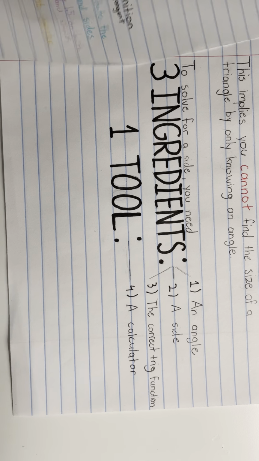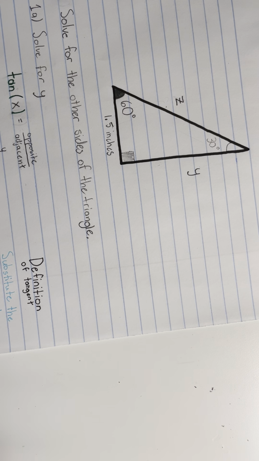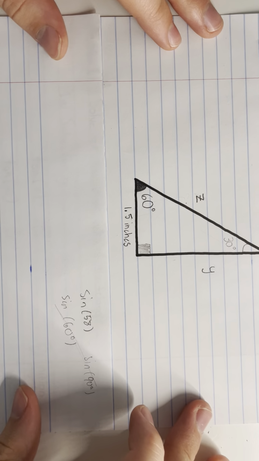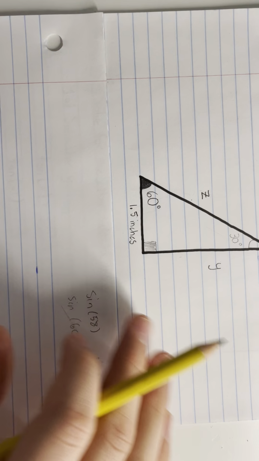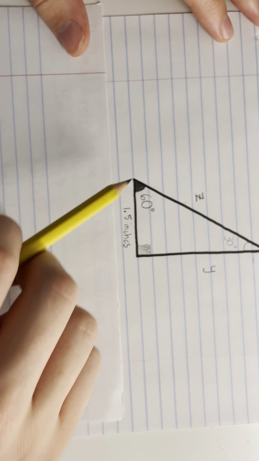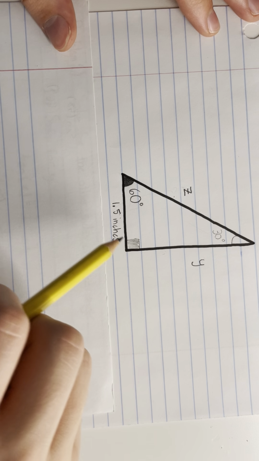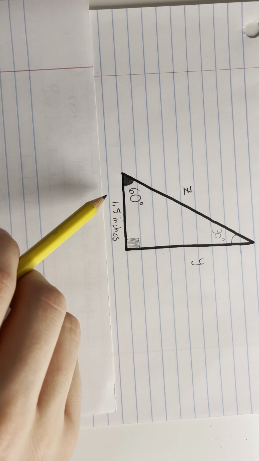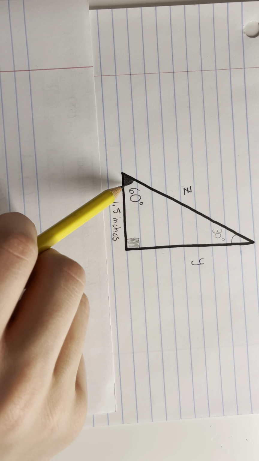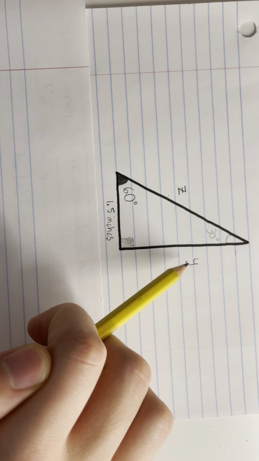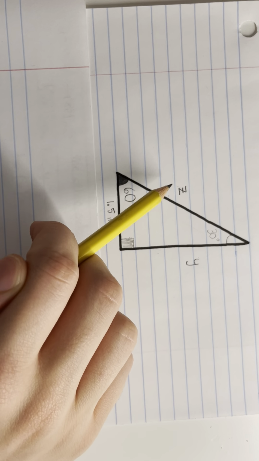So if I were to give you an example of solving for the other sides of a triangle, it could go just like this. You have a 60, 30, 90 degree triangle, and you know that the side adjacent to 60 degrees is 1.5 inches, and you want to figure out the sides y and z.